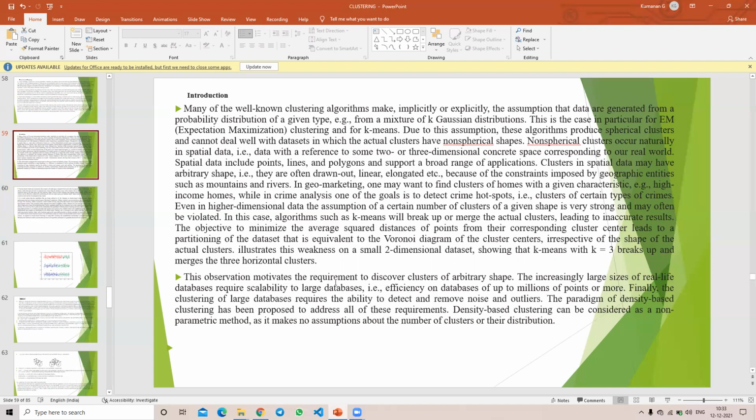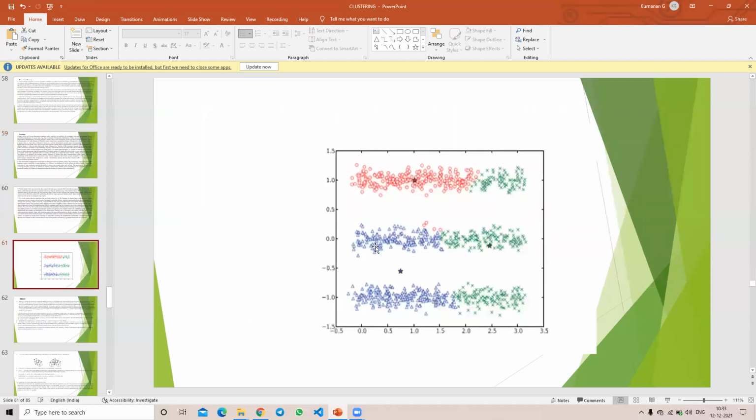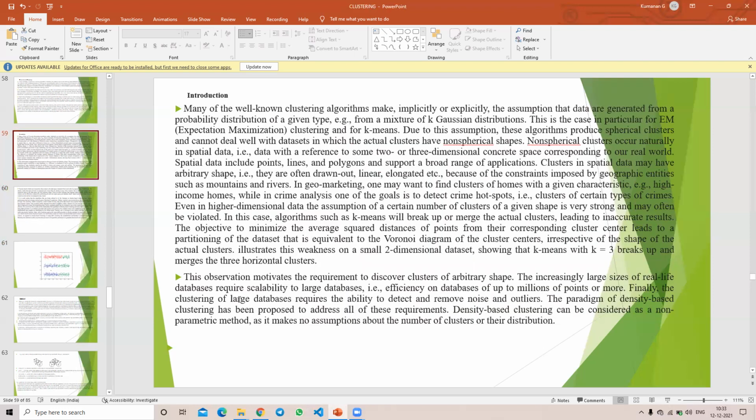This observation motivates the requirement to discover clusters of arbitrary shape, and the increasingly large size of databases.